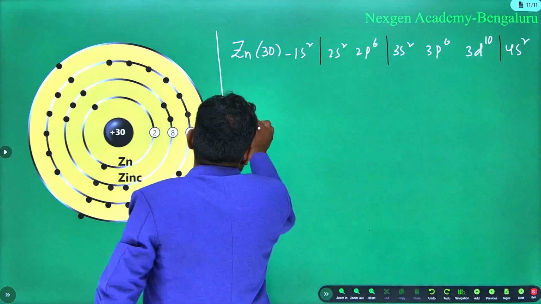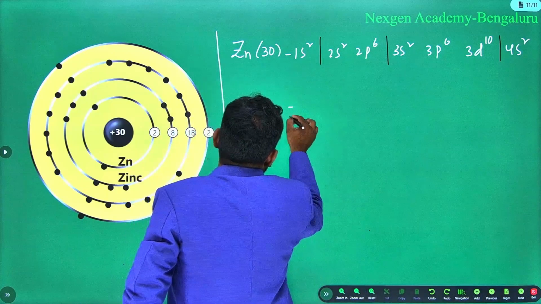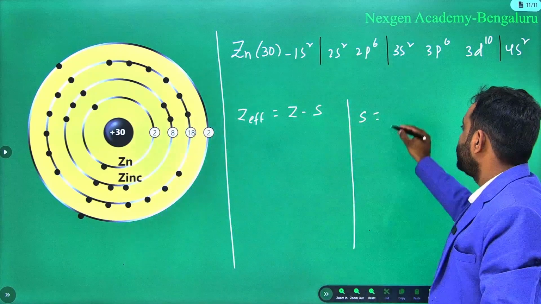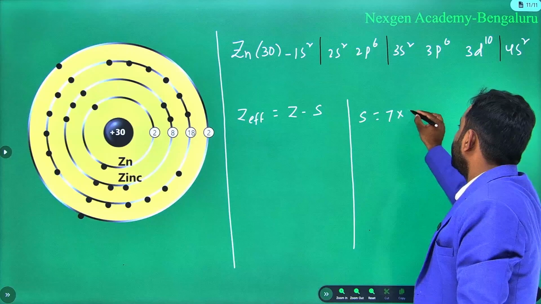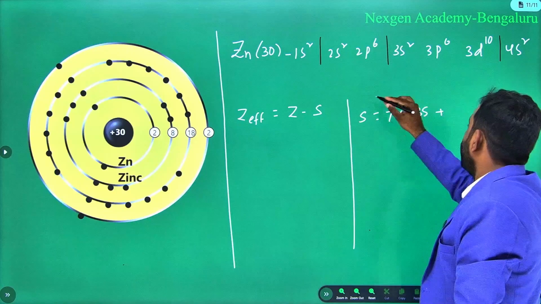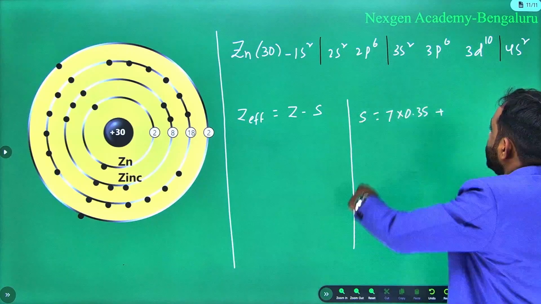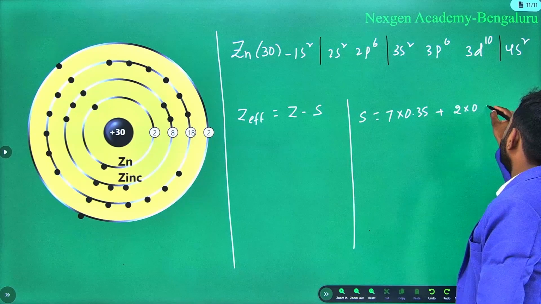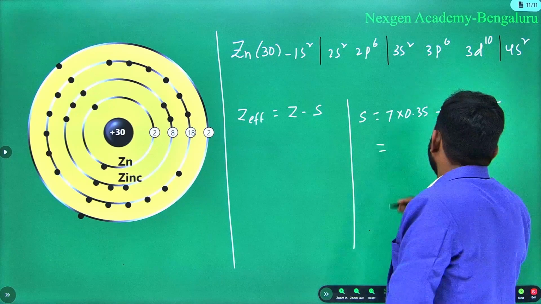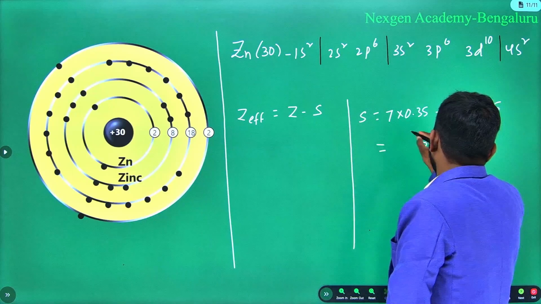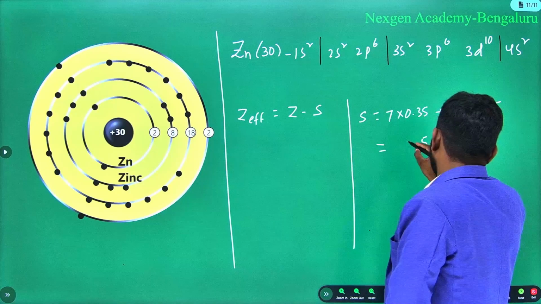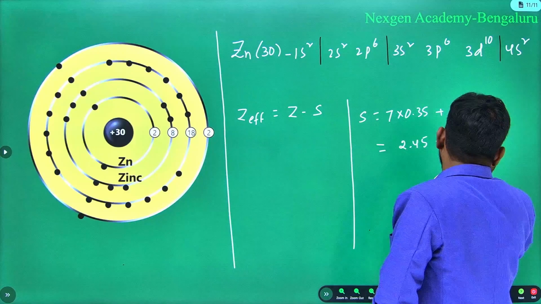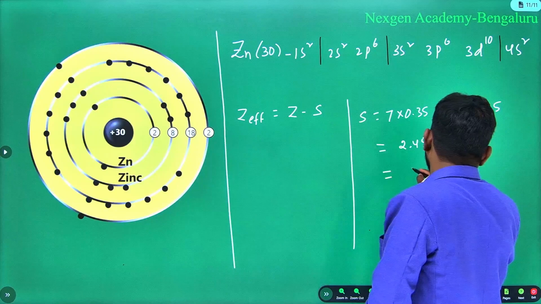So what is the formula? As usual, effective nuclear charge is equal to Z minus S. S is equal to: there are 8 electrons, 1 is our interest, the remaining 7 into 0.35, plus the inner n minus 1. You are calculating for s or p electrons, that's why there are 2 electrons into 0.85. So 2.45, and this is 1.7.